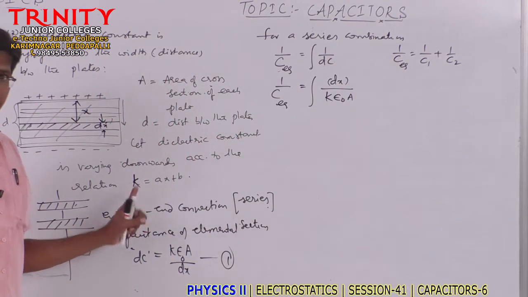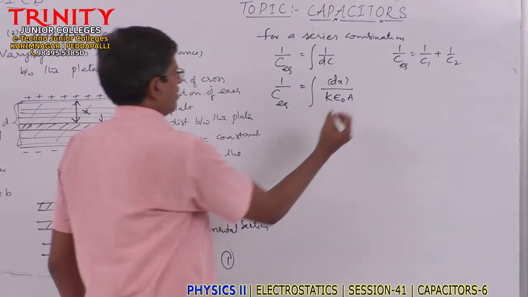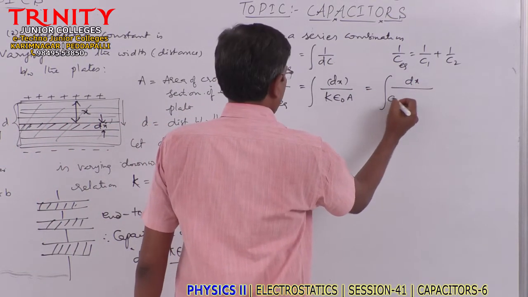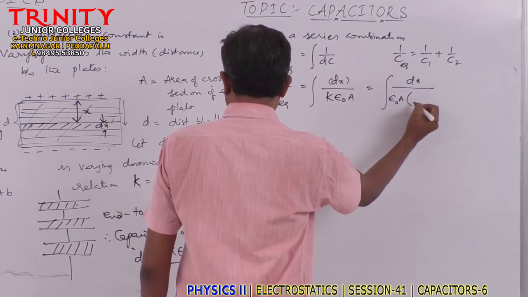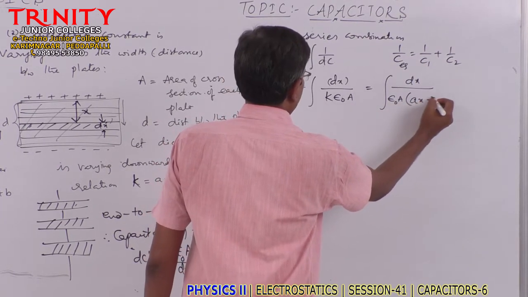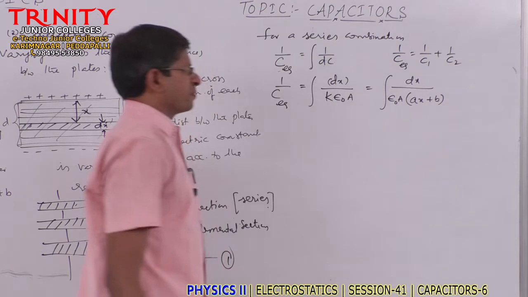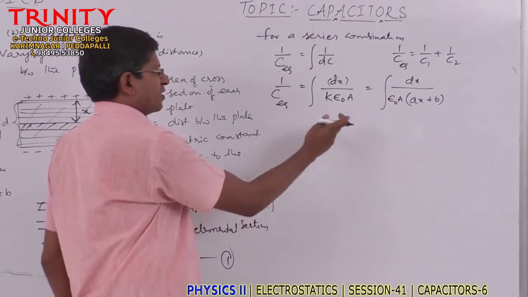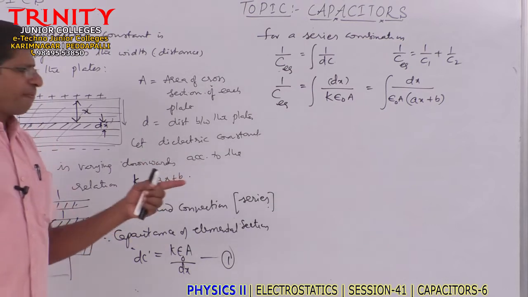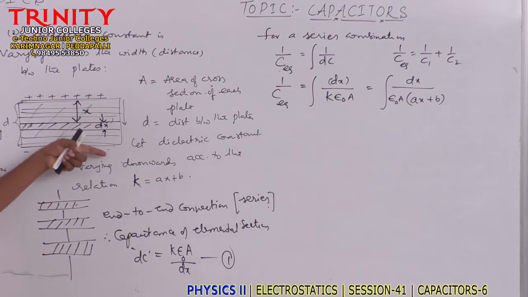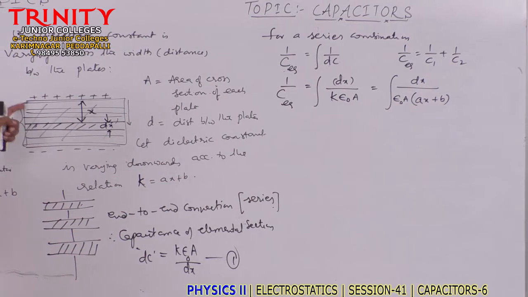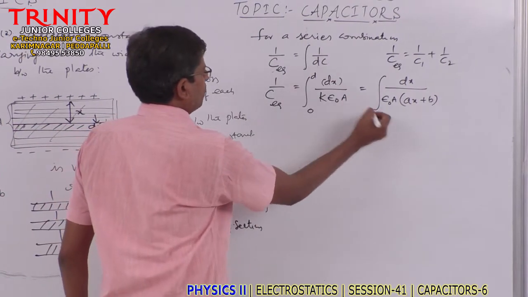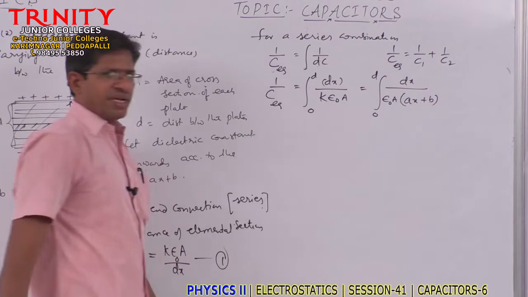That is given already, we assumed it: Ax plus B. Epsilon naught A is constant, so you can take it out of the integration. Integration should be done from the upper plate to the lower plate, that means from 0 to the complete distance D.